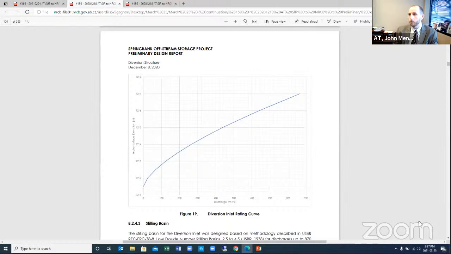Sure. So again, this is the flow that's going into the channel. During a 500-year event, you would have 1800 coming down the river, and that flow would be split between a series of 3 structures. A portion of that flow would be going down through the diversion inlet, which would fall within this rating curve. And then a portion would flow downstream through the service spillway and auxiliary spillway. As I mentioned, we would not intentionally operate the structure to exceed 1215.8, which is shown here.